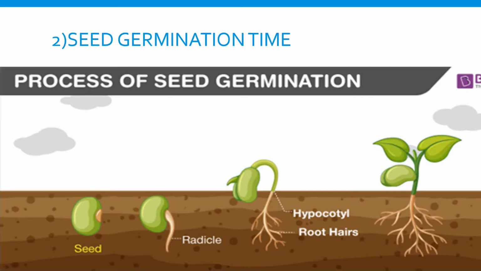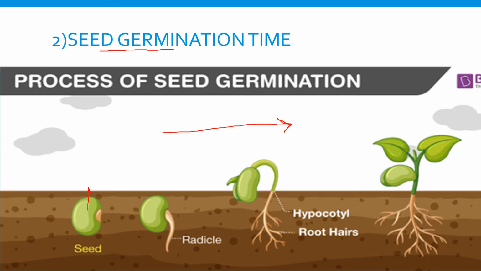Moving towards the second important morphological adaptation, which is the seed germination time. Seed germination time means the time which a seed will take to change into a plant. But in the xerophytes, the seed germination time in the same plant depends upon the availability of water.